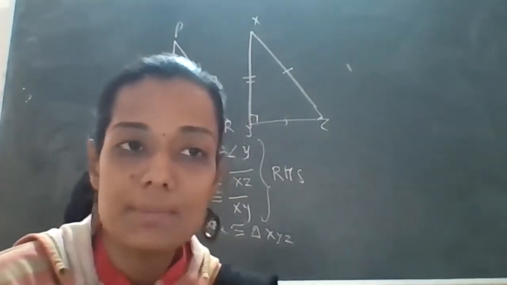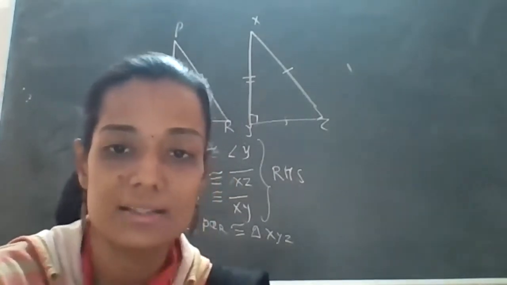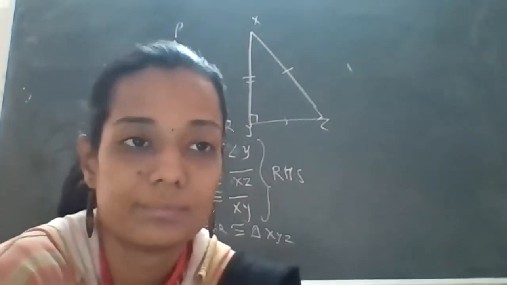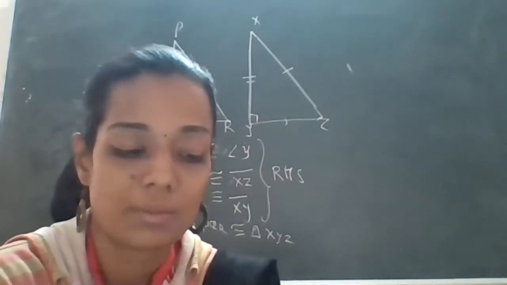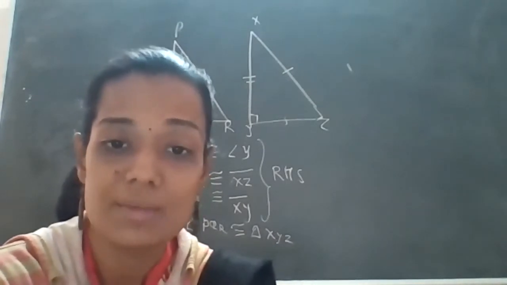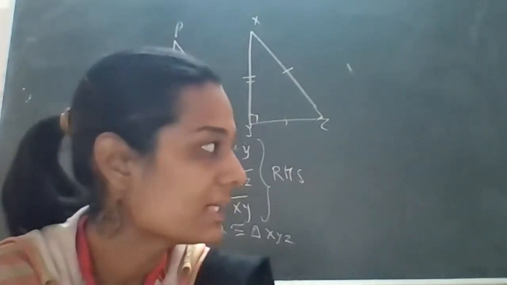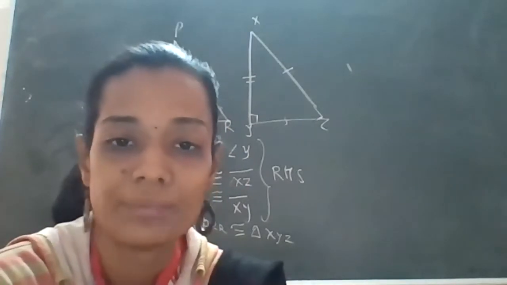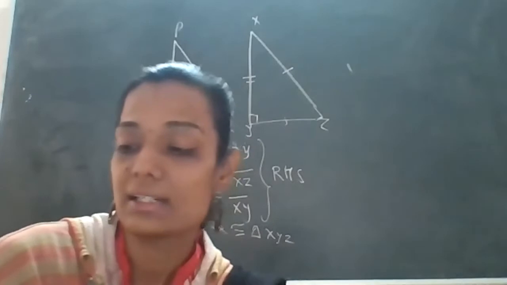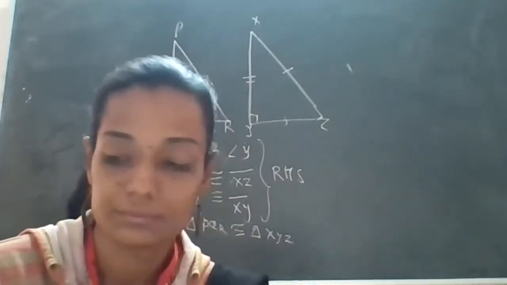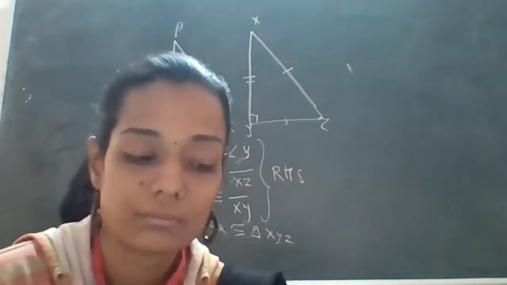So now who can tell me about the isosceles triangle? Two sides are equal. But in proper words, because in exam you write in proper words. A triangle in which two sides are equal is called an isosceles triangle. What about equilateral triangle? A triangle having three sides equal is called an equilateral triangle.